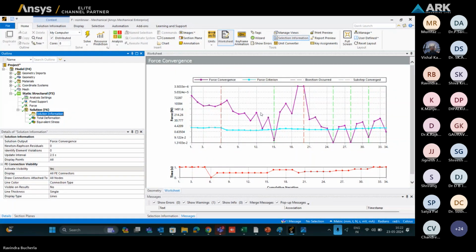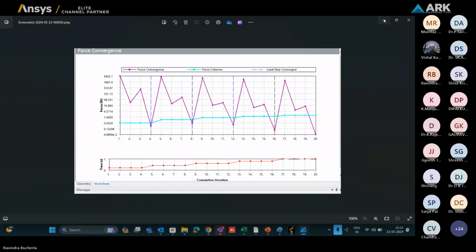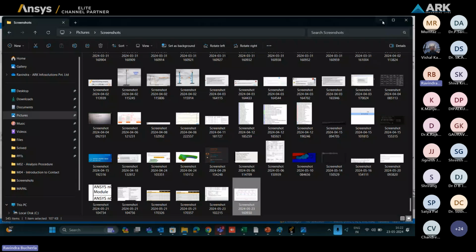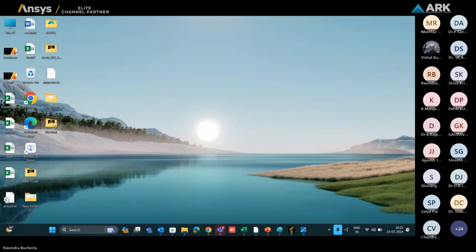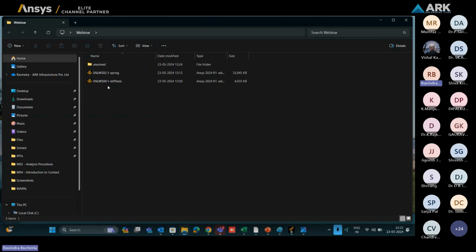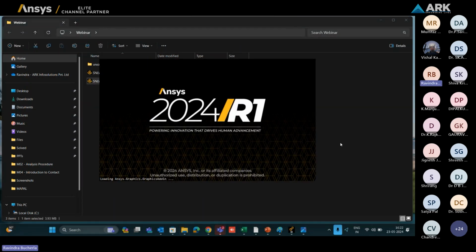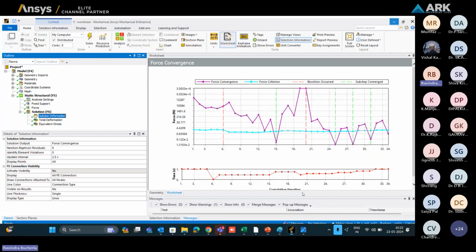Okay. So I will explain about stiffness. I hope you got some idea about the geometric nonlinearity.